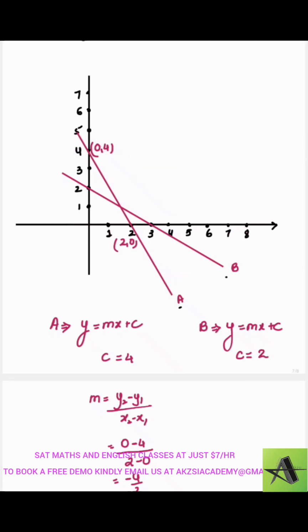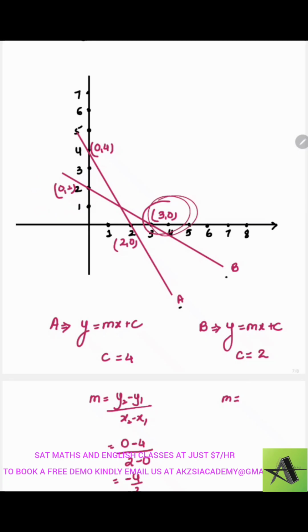And we'll calculate the gradient with exactly y2 minus y1 over x2 minus x1. This coordinate is (3, 0) and this is (0, 2). I am taking this one as x1, y1 and this as x2, y2.